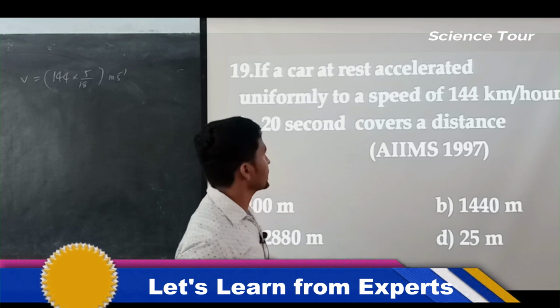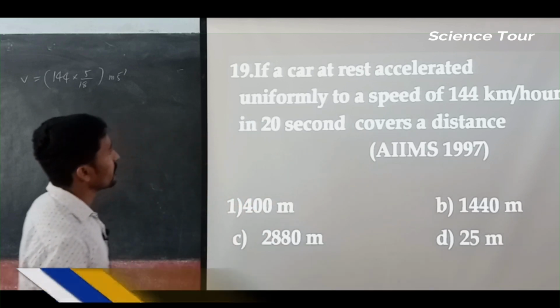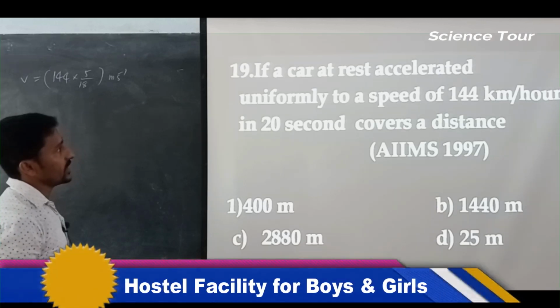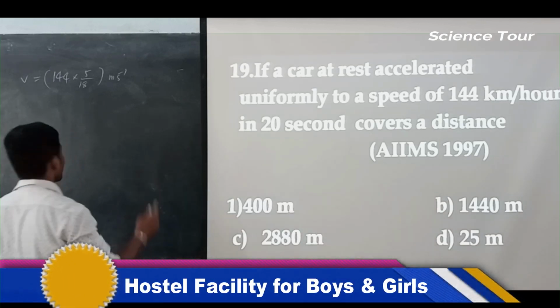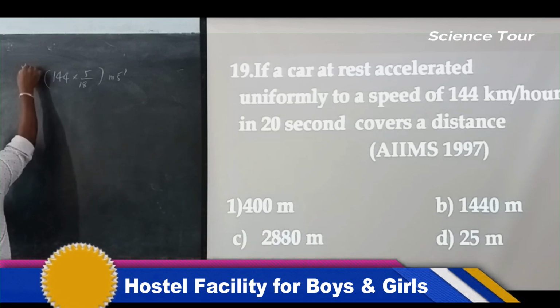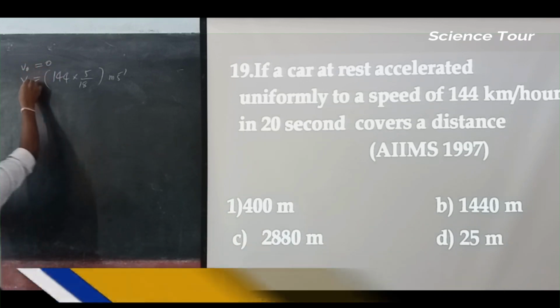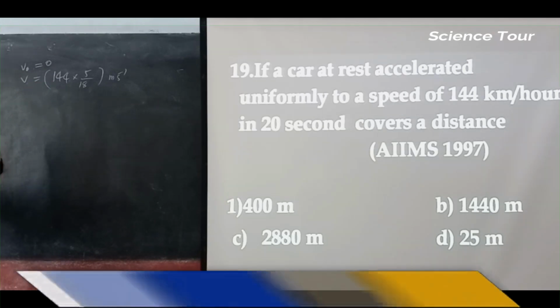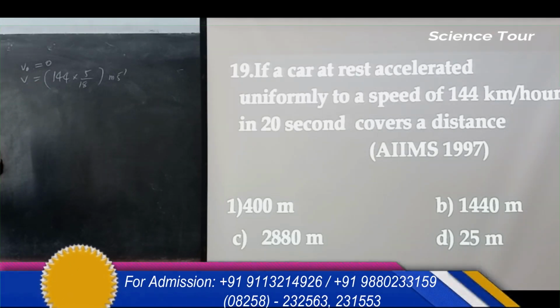In 20 seconds, it covers a distance. So if a car at rest accelerated uniformly, it means earlier the velocity was 0, and it has taken this velocity, the speed of 144 km per hour. What is the total distance covered?